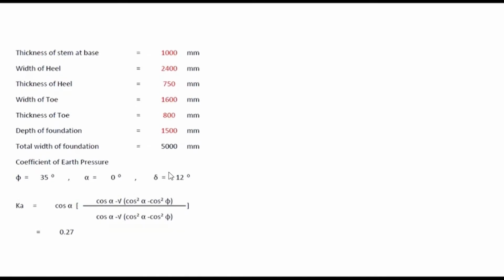Thickness of stem at base 1000, width of toe 2400, thickness of toe 750, width of toe is this, thickness of toe 800. So here is one error: you generally keep the thickness of toe and the thickness of heel equal. So you assume this also as 800.